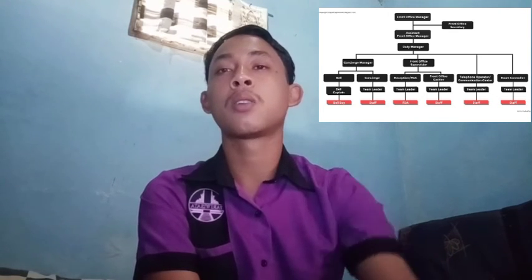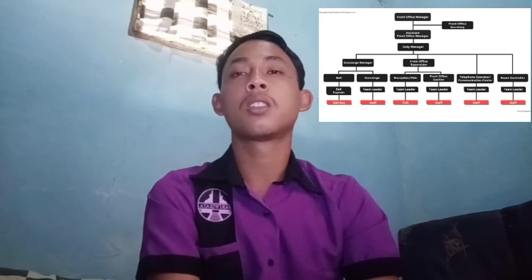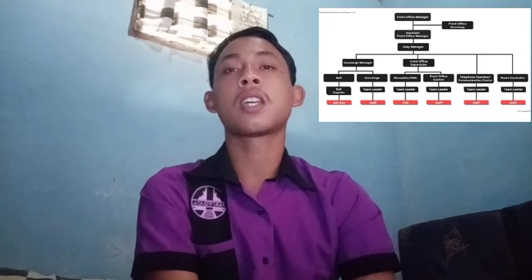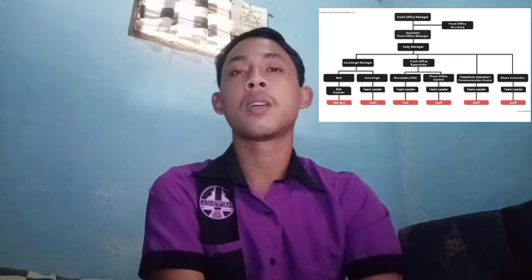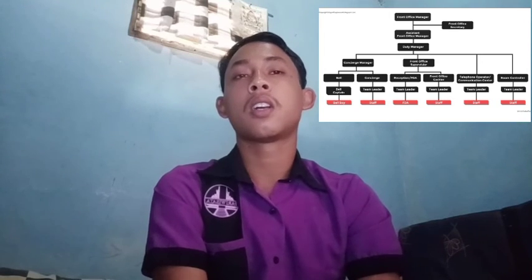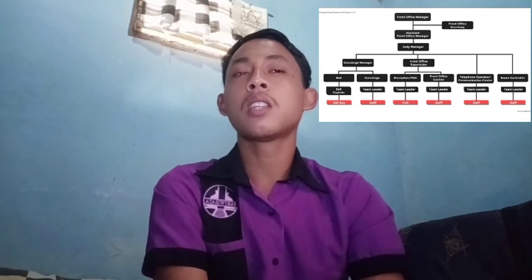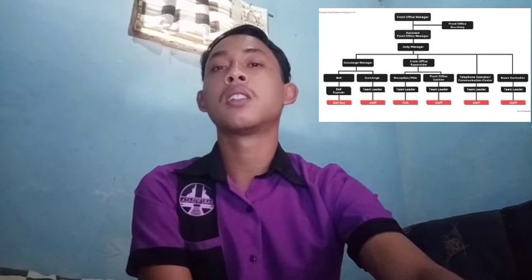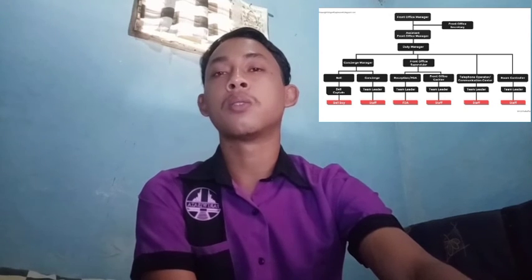And the next is room controller. The room controller is the section in charge of managing and allotting rooms in the hotel. They are also in charge of updating the status of guest rooms that have checked in or checked out.